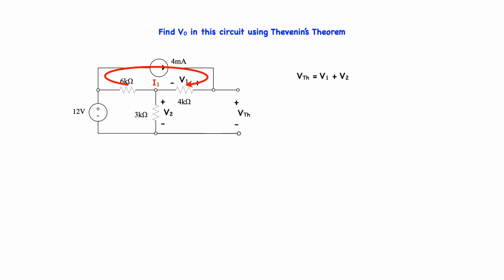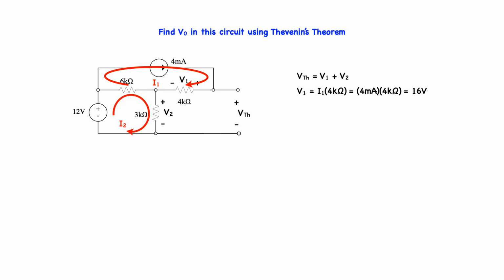Then clearly Ohm's law tells us that V1 is equal to I1 times the 4K ohm resistor, which is 4 milliamps times 4K ohms, which is equal to 16 volts. To find V2, we need to know I2.